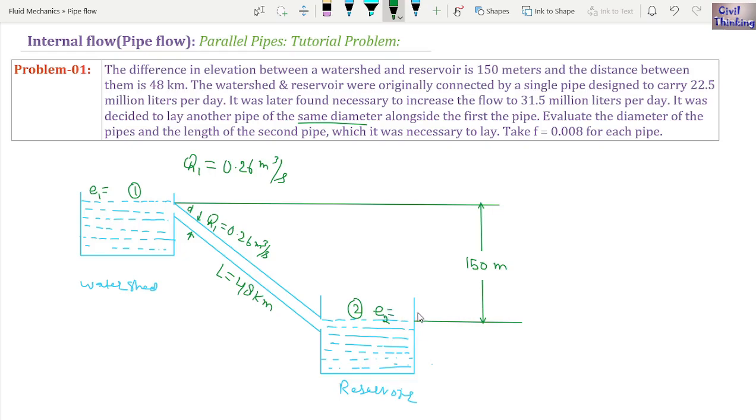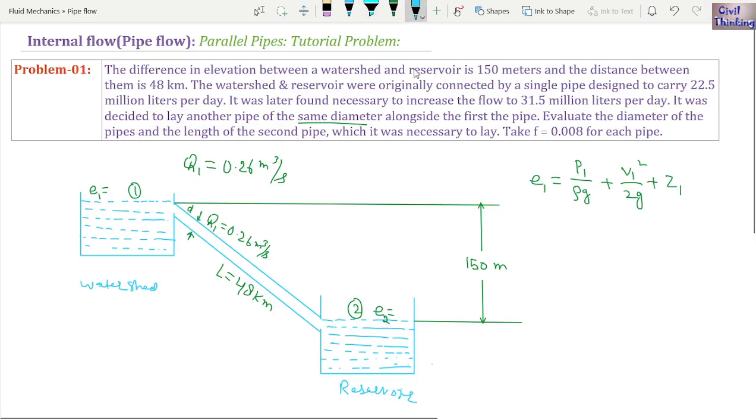Now energy at 1 will be equal to P1 divided by rho g plus V1 square divided by 2g plus Z1. Let us say this surface is open to the atmosphere, so P1 will be equal to atmospheric pressure.